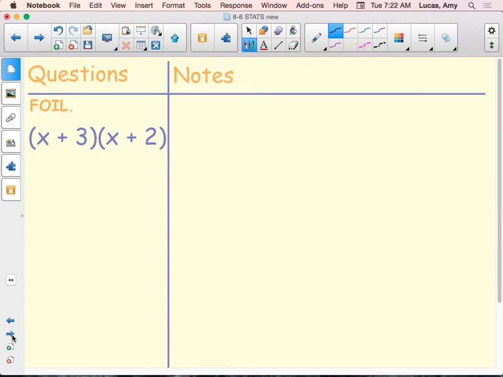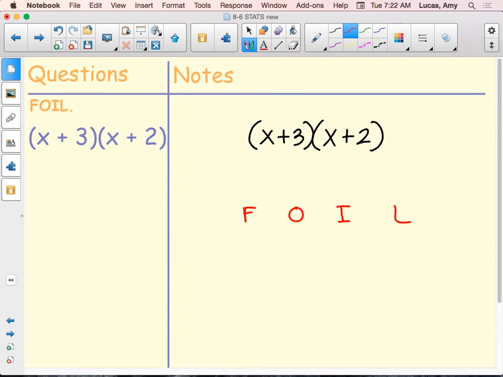Okay, before we start our factoring, I am going to just review with you FOIL, because factoring reverses FOIL. So if you examine your answer to FOIL, I think it's going to help you figure out how to factor. So if we FOIL, the first product, x times x, is x squared.